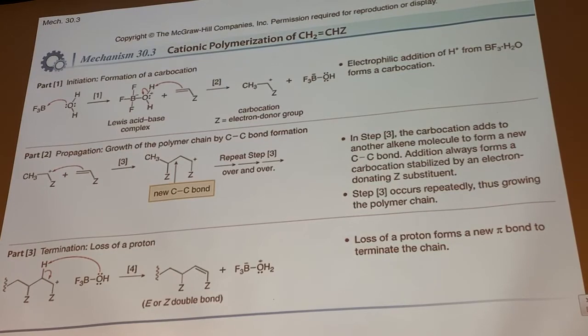So these additions are going to follow Markovnikov's rule, like other additions to alkenes that we learned back in 351M. Okay, so you're always going to add the cation to the less substituted carbon so that you generate the more substituted carbocation.